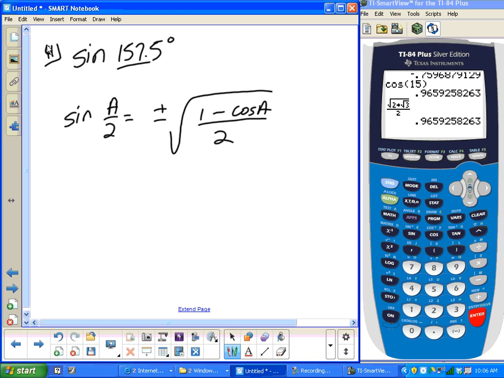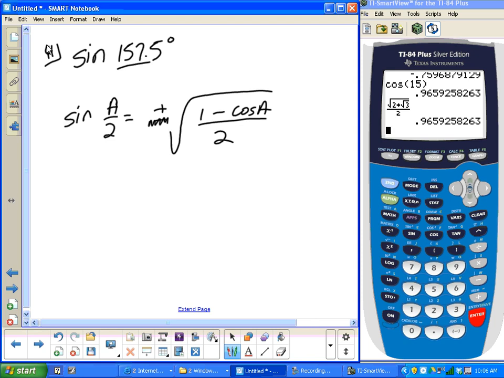Now, so let's think about it. 157.5, what quadrant? Second. Okay. Now, sine is positive in the second. So my sine there is going to be positive. Now, the one you have is cosine. So let's pretend just a minute. What if that was cosine? It would be negative, yeah, because in the second quadrant, cosine is negative.